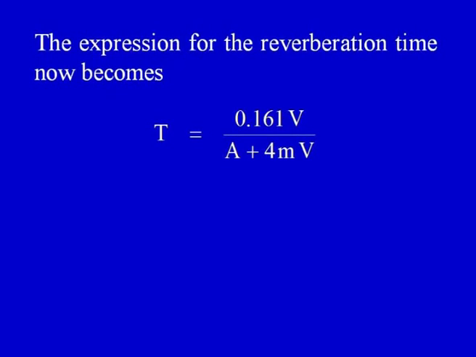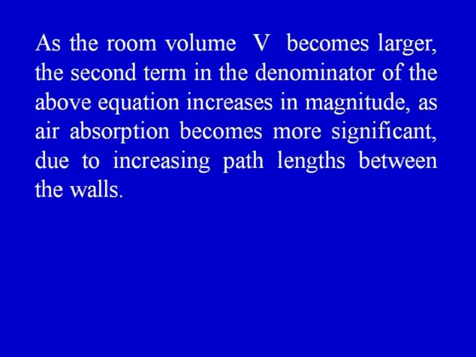The expression for the reverberation time now becomes T is equal to 0.161 times V divided by A plus 4 m V. As the room volume V becomes larger, the second term in the denominator of the above equation increases in magnitude naturally, as the air absorption becomes more significant due to the increasing path lengths between the walls.